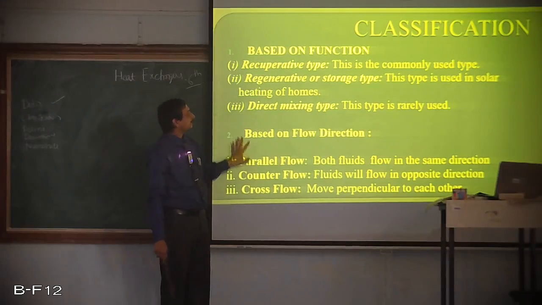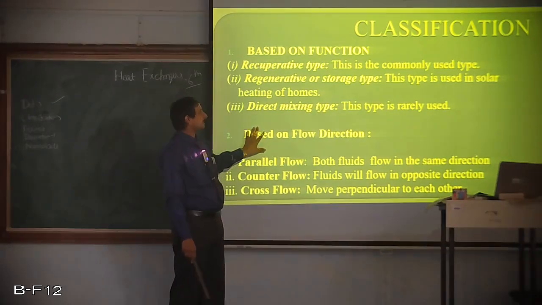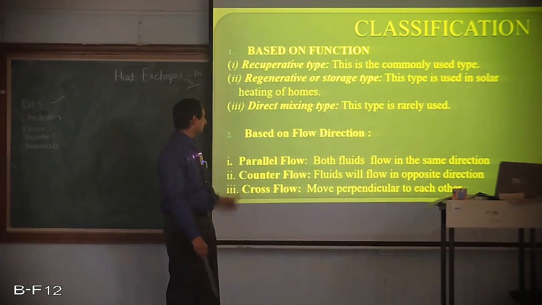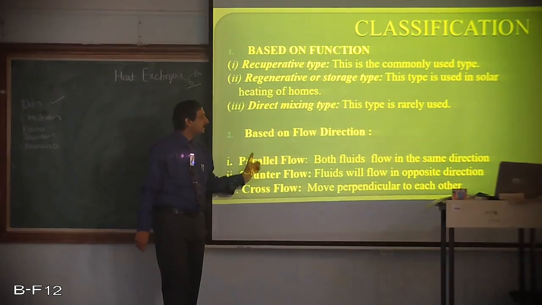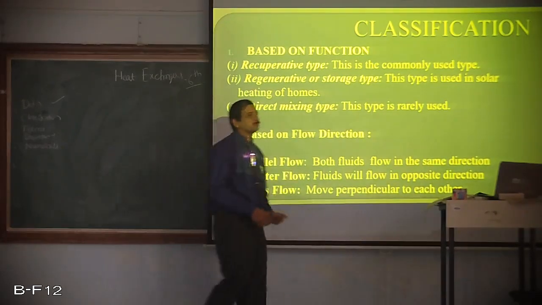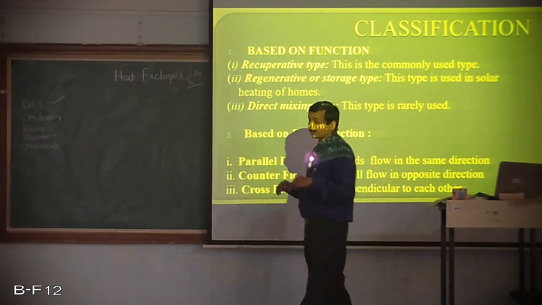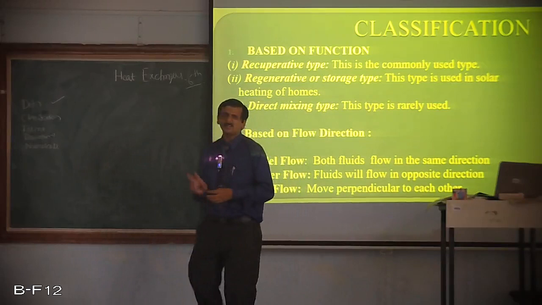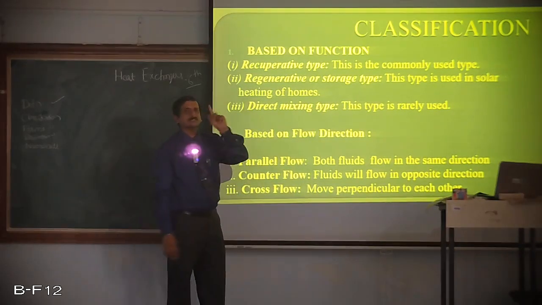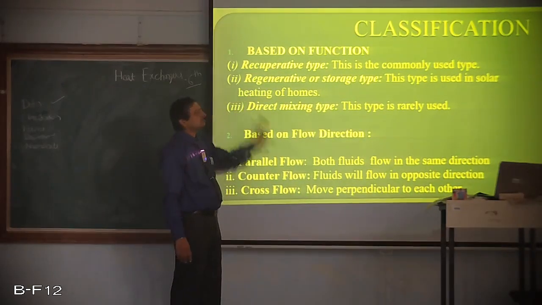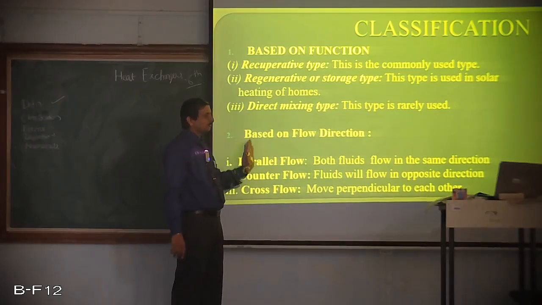The next classification is based on the flow direction. In the flow direction, we have the parallel flow. It is possible to have a heat exchanger with n number of fluids, more than 2 also, but in most cases we will consider only 2, one hot and one cold.